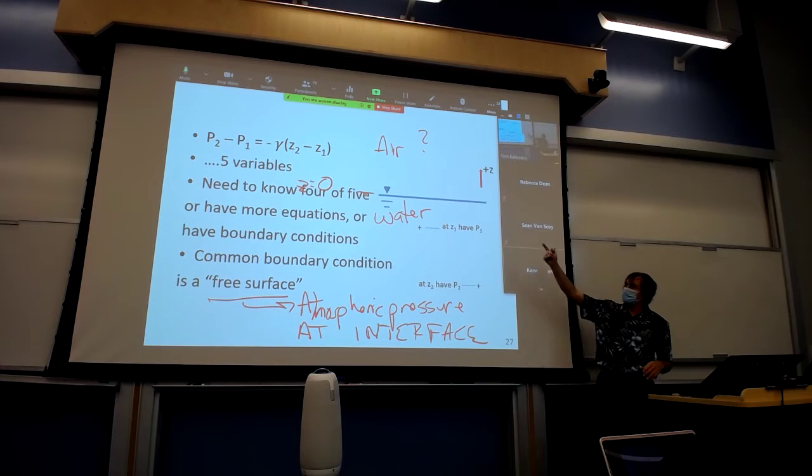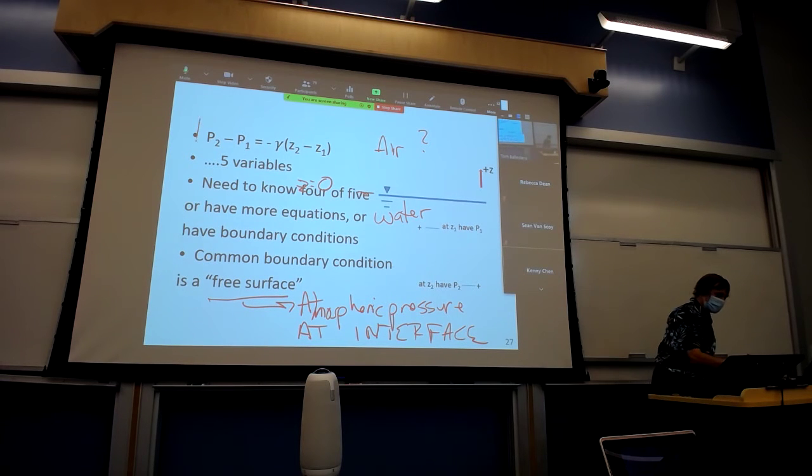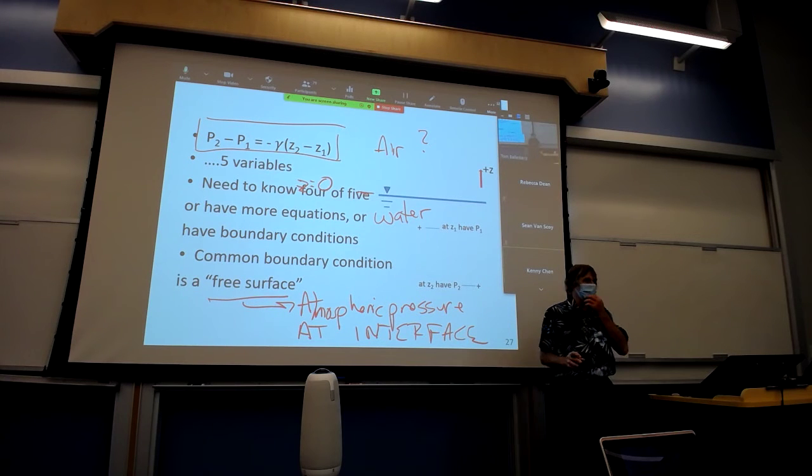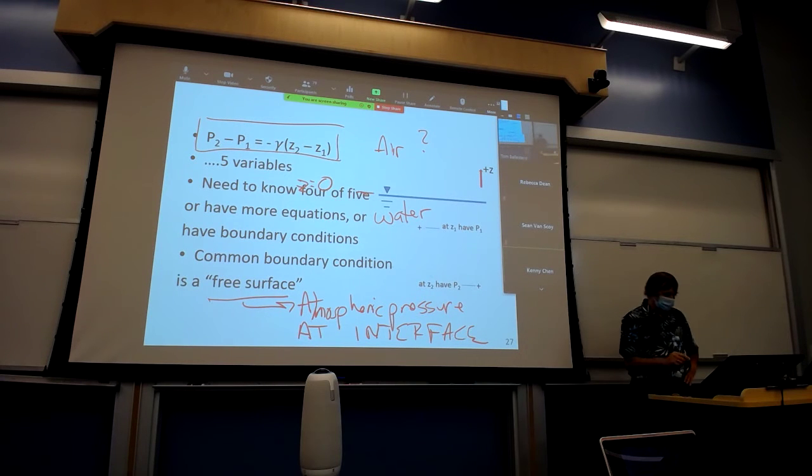And so again, we were talking about this equation up above, and that you have 5 variables. One way to get rid of 2 variables in your problems is to recognize if you have a free surface. If you have a free surface, you can put your elevation datum there and you know the pressure. Now you've got 2 variables out of the way right there. You would know the pressure of the free surface, and you would know the elevation of the free surface.